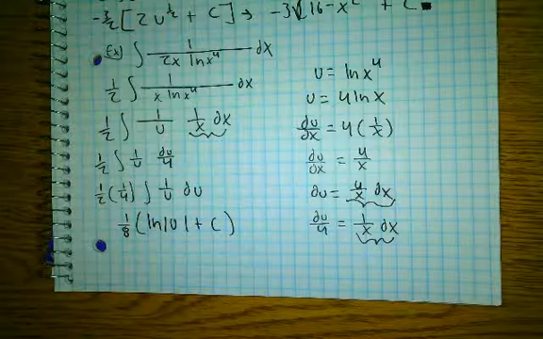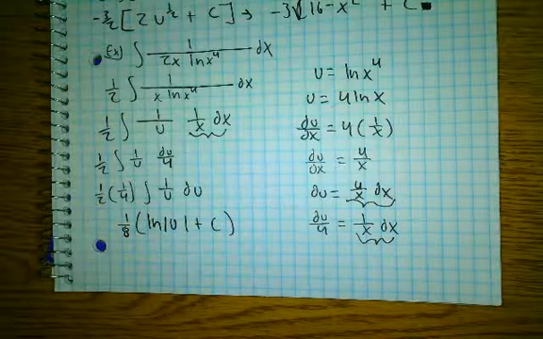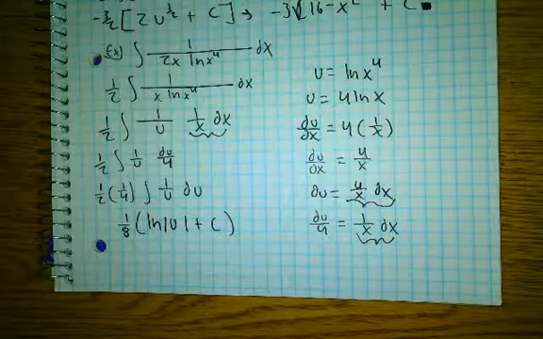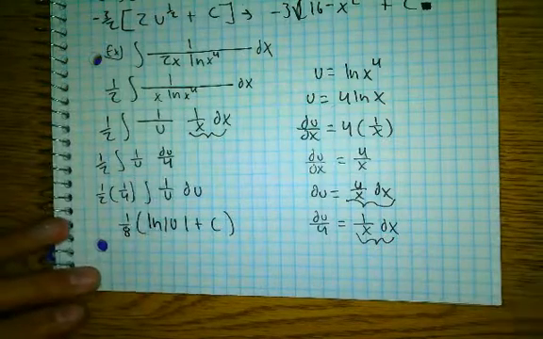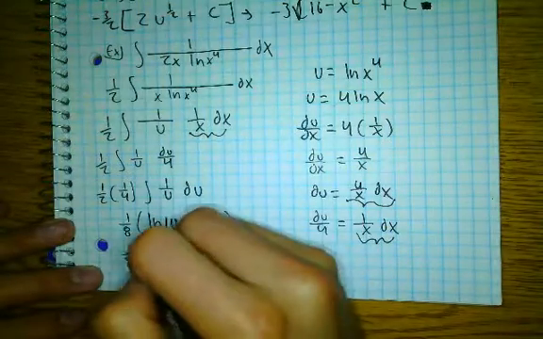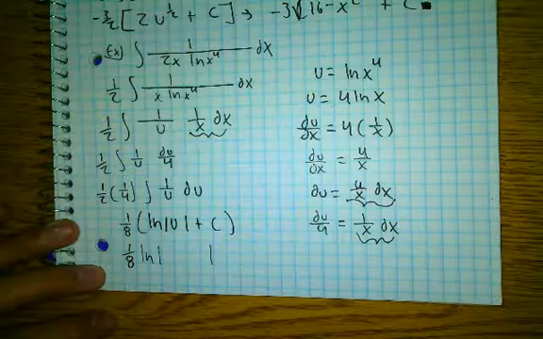So what would your final answer be? One-eighth of the natural log of the absolute value. Well, what was u in our case? 4 natural log of x, plus c.